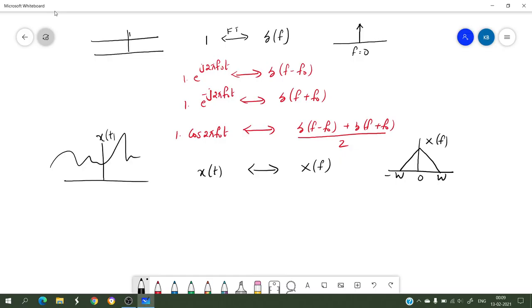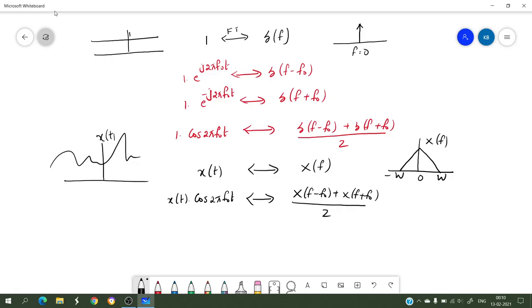Now, when this x of t is multiplied with cos 2 pi f naught t, what will happen in the frequency domain? It is X of f minus f naught plus X of f plus f naught, divided by 2.